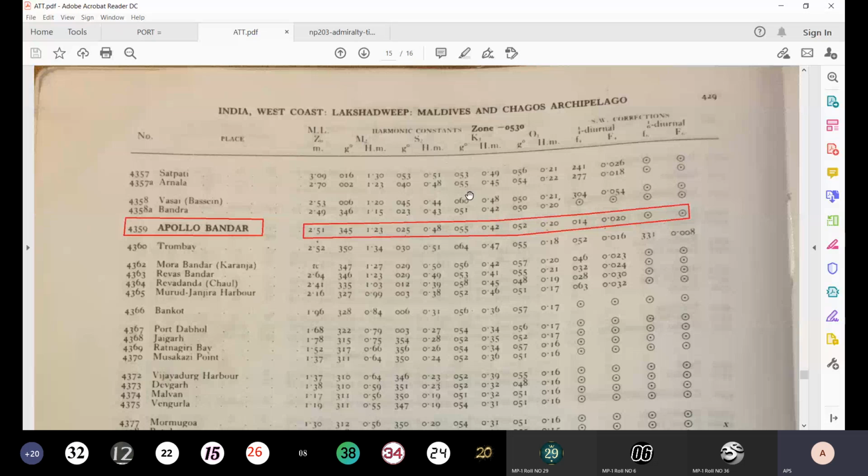So just start writing the value of G under M2, S2, K1, O1 by entering part 3.